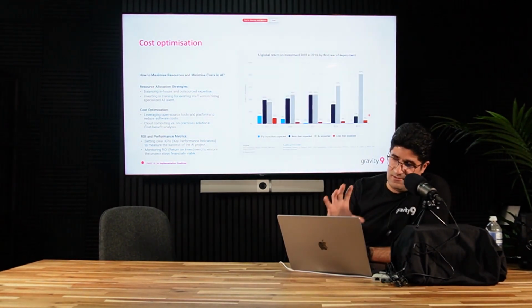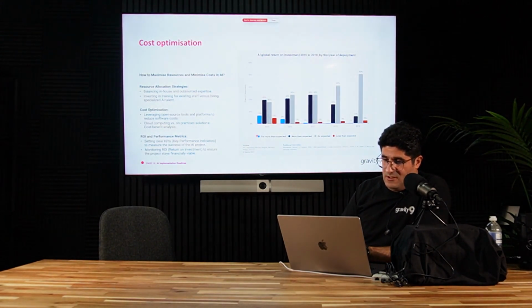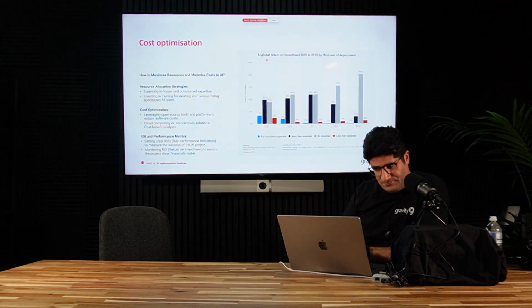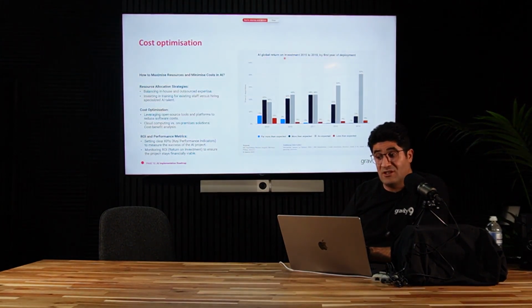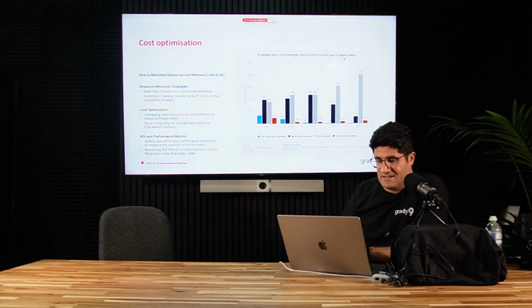As a visualization, this is I think a Gartner research. They checked the AI global return on investment from 2015 until 2019 to see how satisfied the organizations were with the first year of deployment of their AI system. So the blue one is far more than expected.